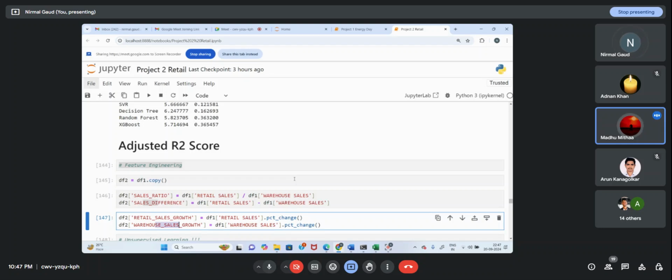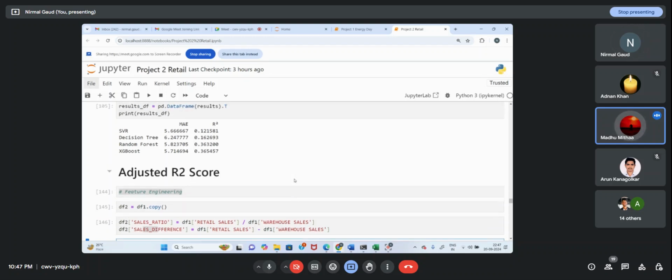In our case, we have used one-hot encoding and increased the number of features, and maybe this could be inappropriate. So probably we can consider adjusted R square, because we have increased the number of features, and not every feature is contributing to the model development. Correct, that's what you are saying. All right.